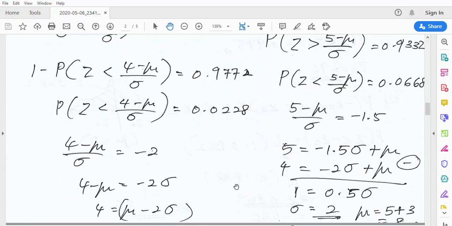So we transfer both equations into this form, so we will get these two equations. So we simultaneous it. So we just simply minus it so that we can discard the mean. So we can get the answer for the sigma simply 2, and the mean we calculate back by transferring sigma into 2. So we can use any equation to find the mean. So we will get 8.